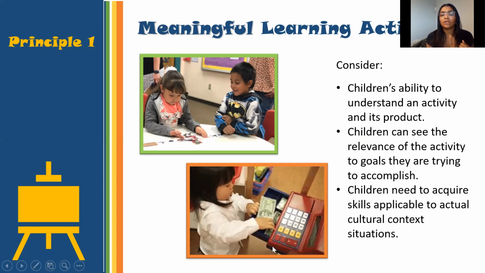So when you teach, for example, in these pictures, you can see that little girl manipulating money. Something real, something tangible, something that is useful in real life. This is what you have to teach. Something that is really related to real life events.